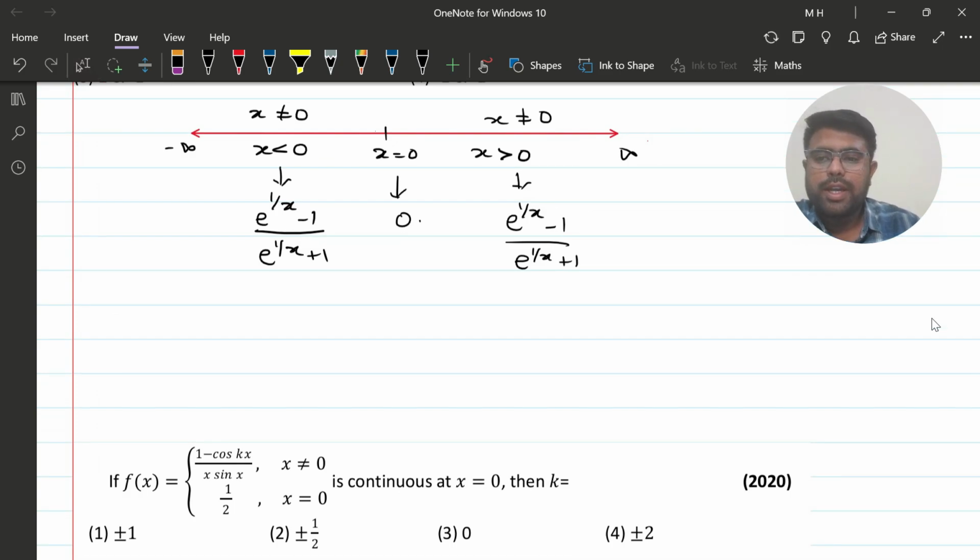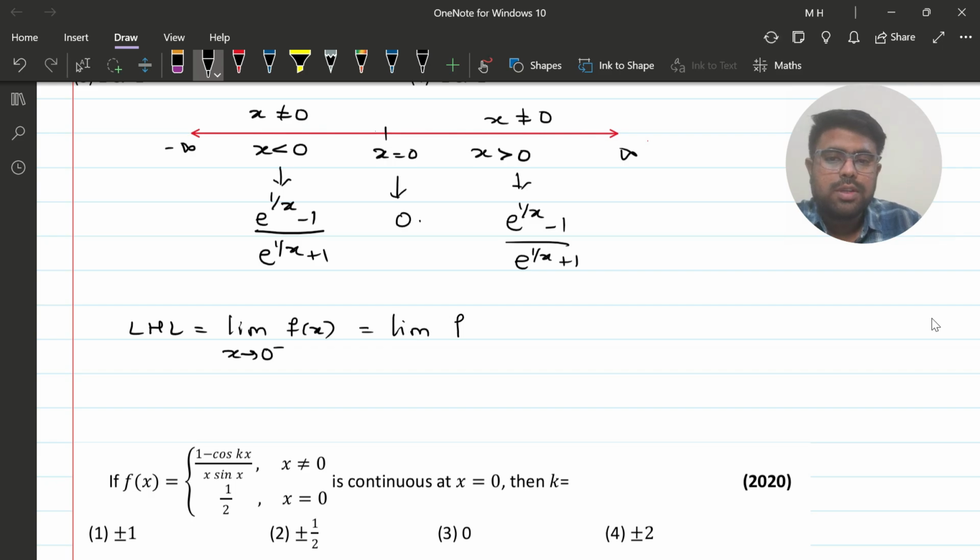Look, if I take up the left hand limit, it is going to be the limit of f of x as x tends to 0 minus, which is equal to the limit of f of 0 minus h as h tends to 0. So it is going to be the limit of f of minus h as h tends to 0.